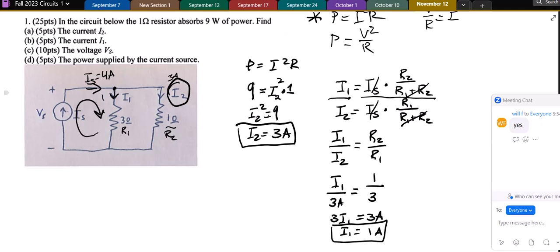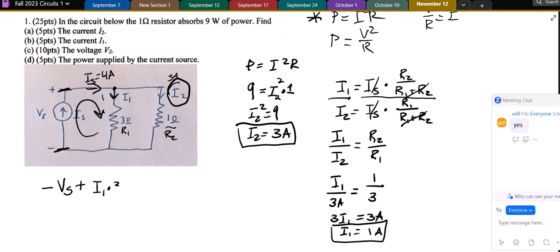So as I go into this side, I'm going into the minus side, so that's a minus Vs, and then plus, because I'm going in the direction of the current.